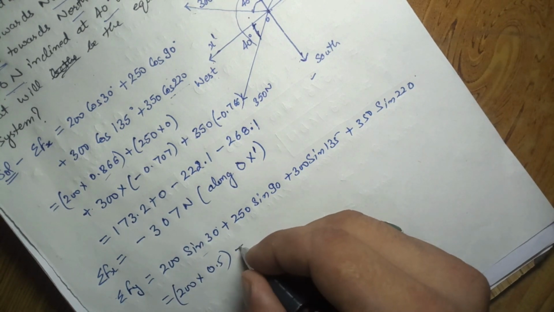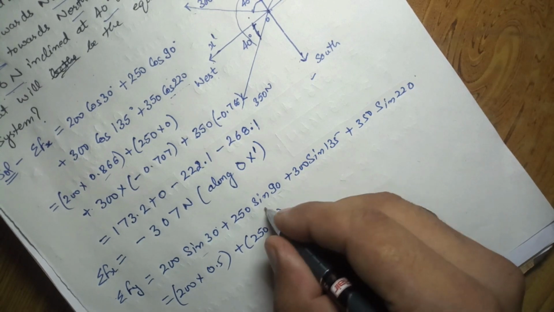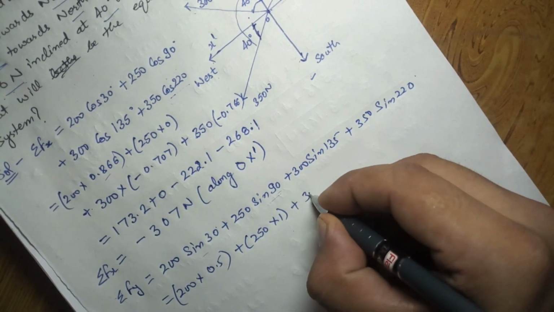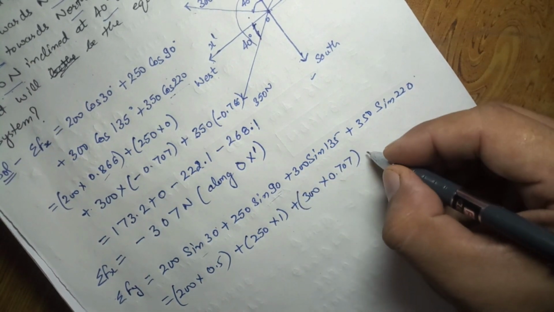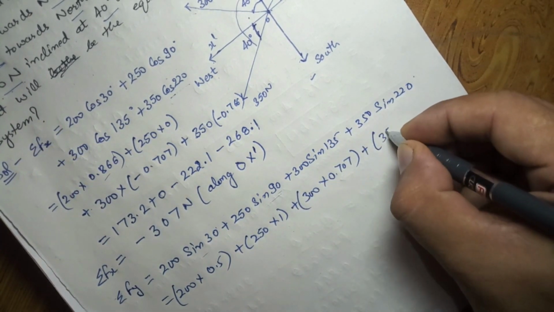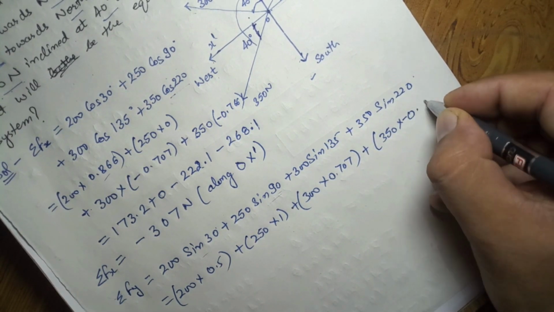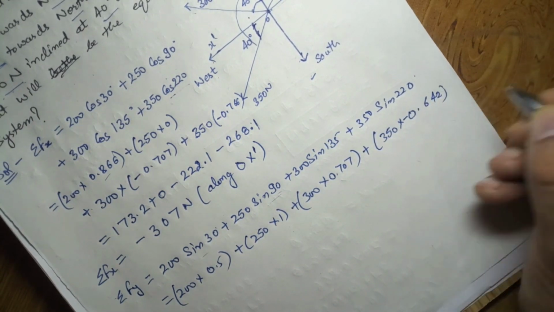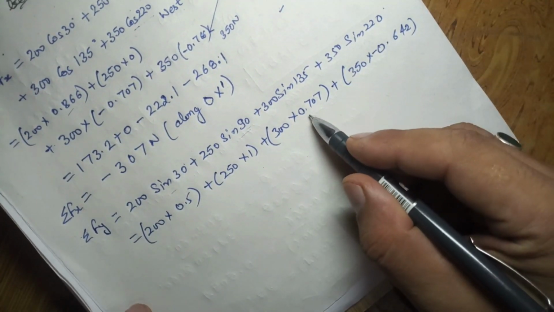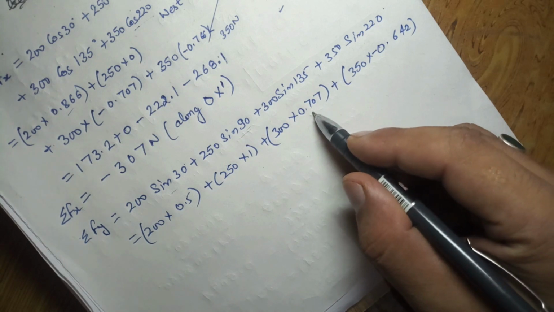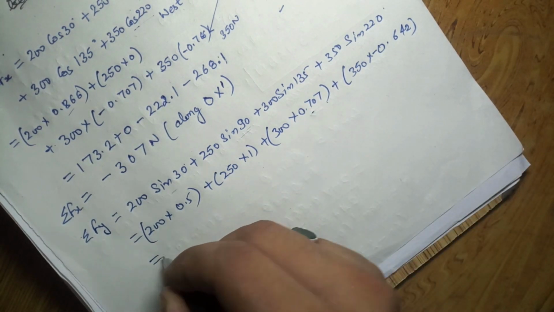It is 0.5 plus 250 into sine 90 plus 300 into 0.707 plus 350 into minus 0.642. Whenever we make the calculation, at least take 3 decimal places value after decimal to get the exact answer.